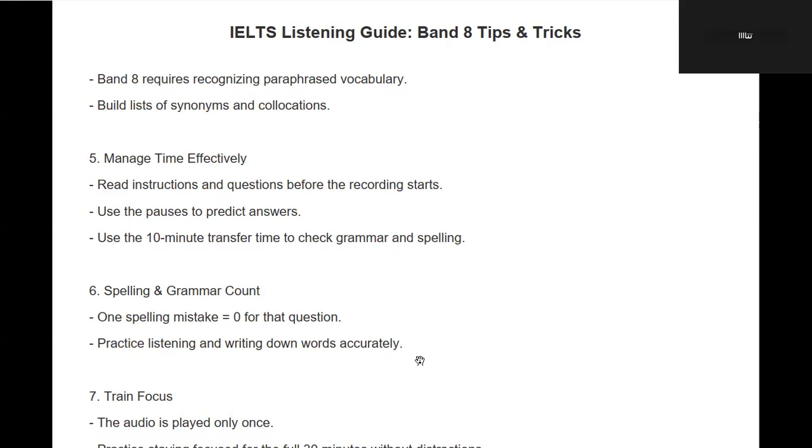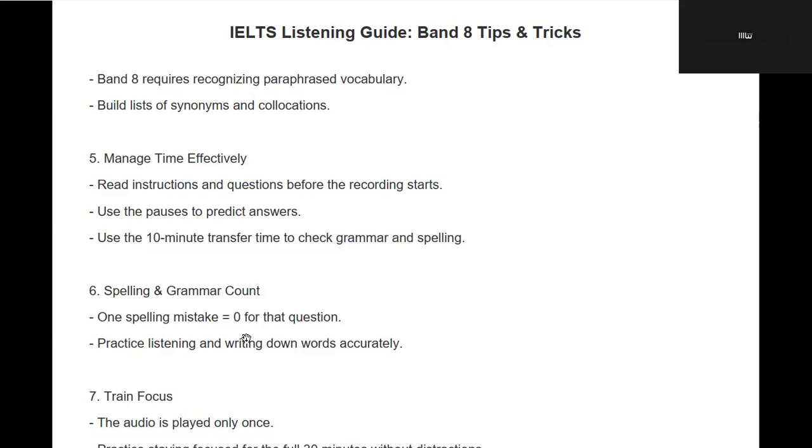Second step is spelling and grammar count. One spelling mistake equals 0 for that question. If your answer is right but the spelling is wrong, you get 0 for the question.